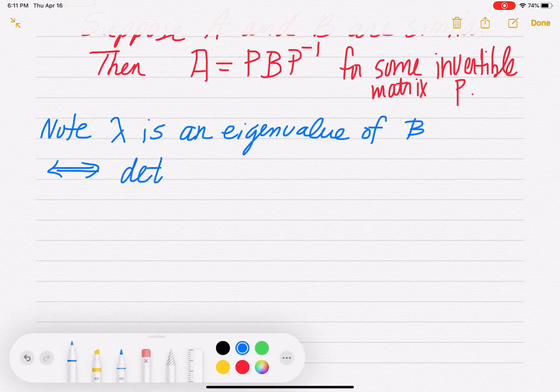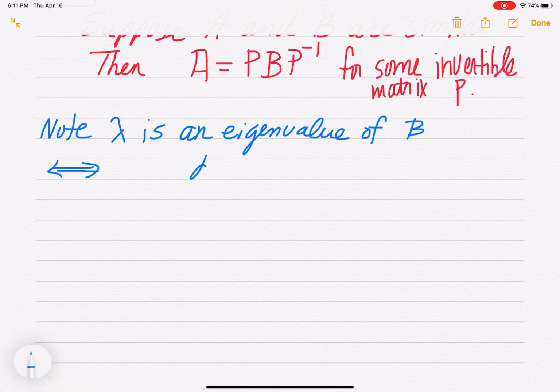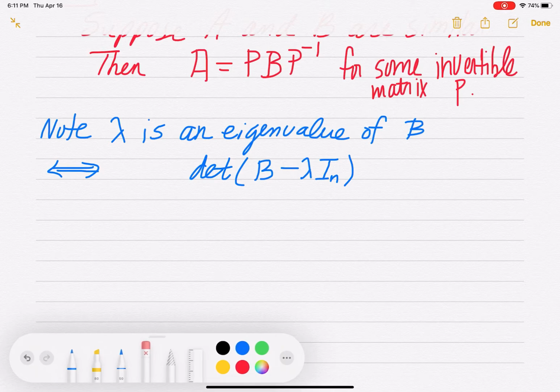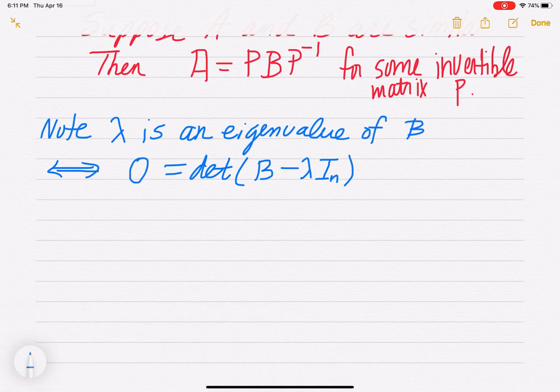Determinant of B minus lambda I equals 0. Except this time I'm not going to put the 0 on the right, I'm going to put the 0 on the left. You saw me do this just a moment ago in the other video. Lambda is an eigenvalue of B if and only if the determinant of B minus lambda I is 0. Now I'm going to do a trick here.